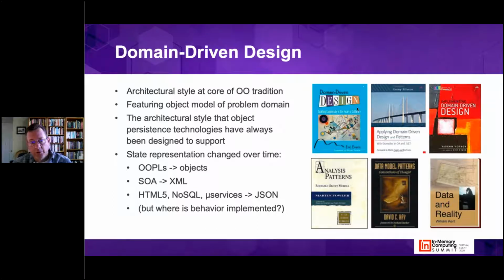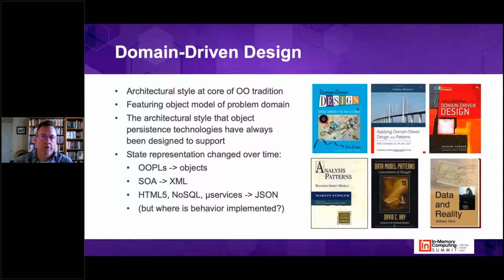But when SOA came along, 20 years ago or so, we started representing object state in XML, and nowadays with HTML5 and NoSQL and microservices, we're representing object state in JSON. And this kind of opens a question of, well, where is behavior implemented? Because in theory, an object is state and behavior together.